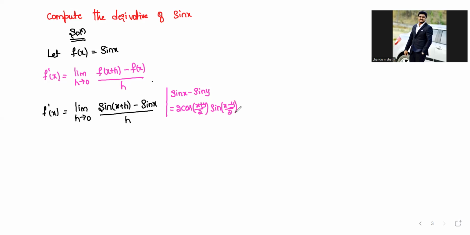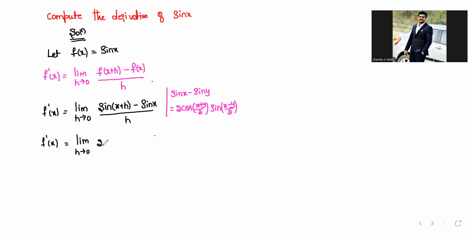We are using this formula now. Now observe, f dash of x is equal to limit h tending to 0. In the place of x, we take x plus h, and in the place of y, we take x.